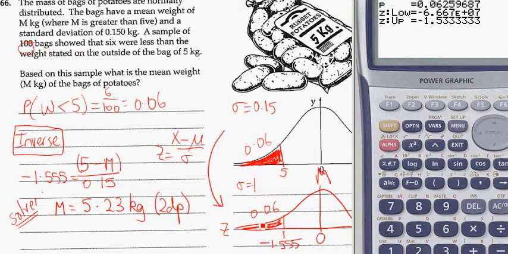And we get 0.06, close enough to 0.06 with some rounding there, so it must be correct.